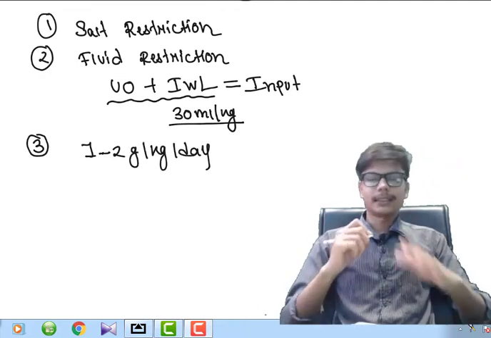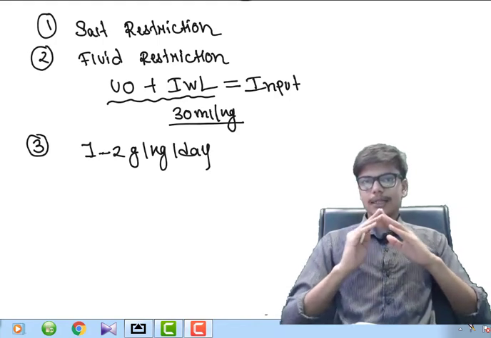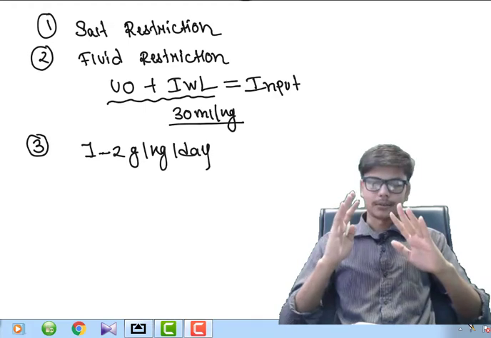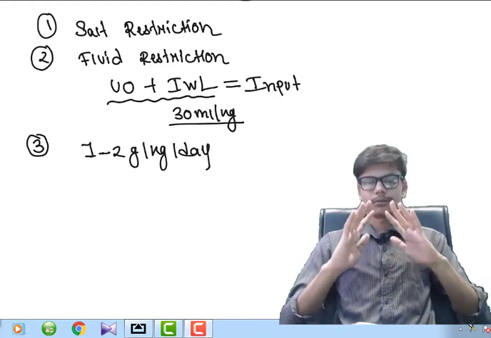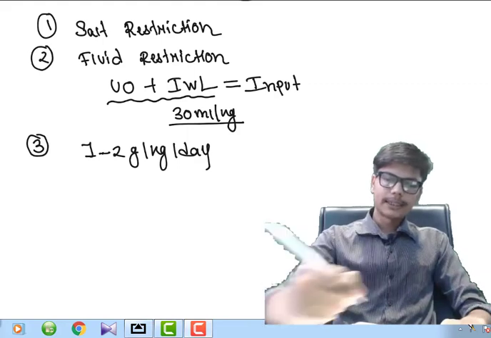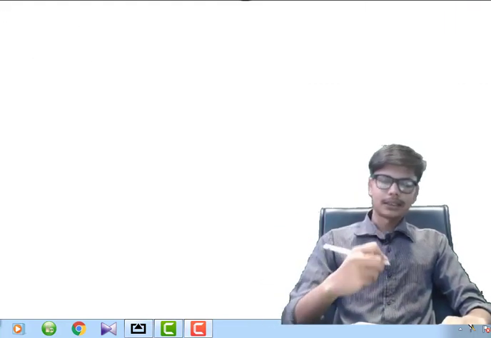Protein is sufficient in a patient of nephrotic syndrome. Extra protein is harmful, but it should be between 1 to 2 gram per kg per day. Now let us discuss the specific drug therapy.